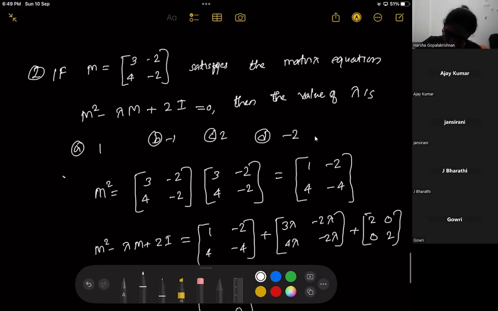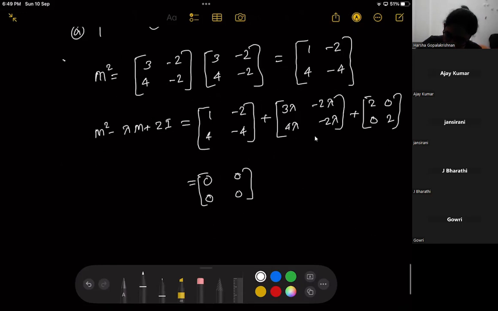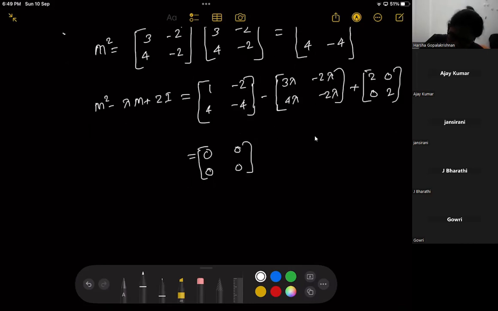Sorry, the question is M square minus lambda M. So we will get 3 minus 3 lambda equal to 0. The first entry is minus 3 lambda plus 1 plus 2, so 3 minus 3 lambda. Lambda equal to 1, ma'am. Yeah, lambda equal to 1.